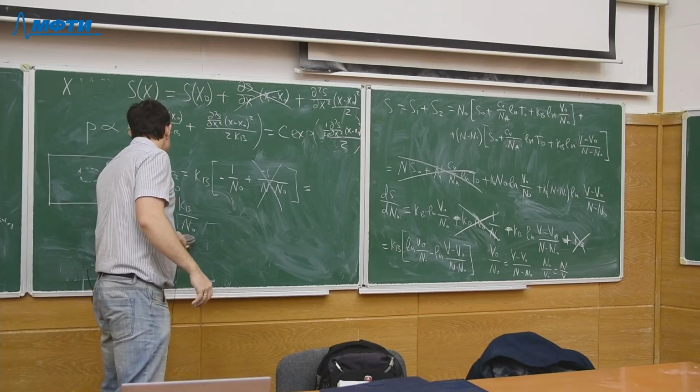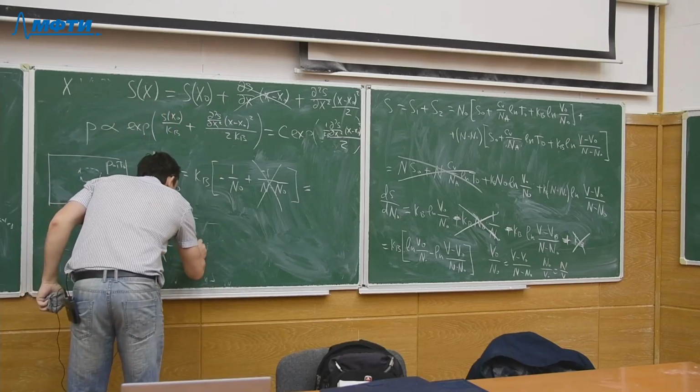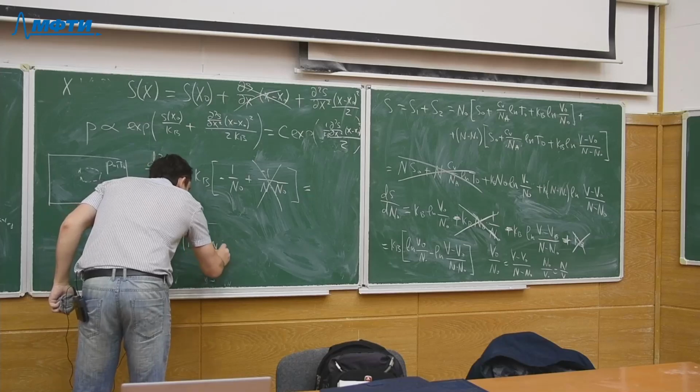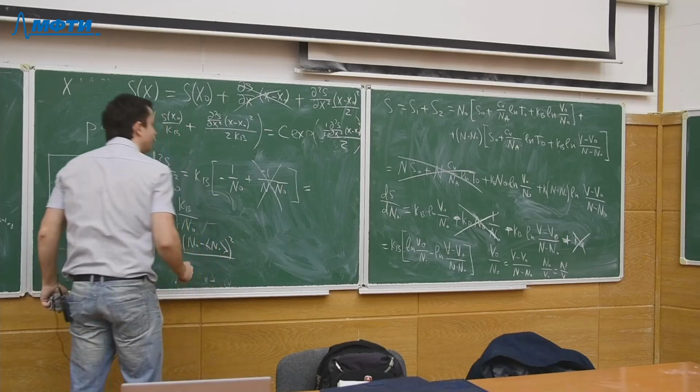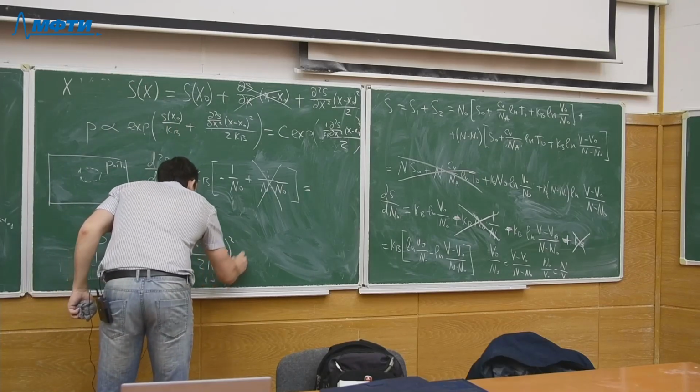What's left is just (n0 minus average n0) squared divided by 2n0.